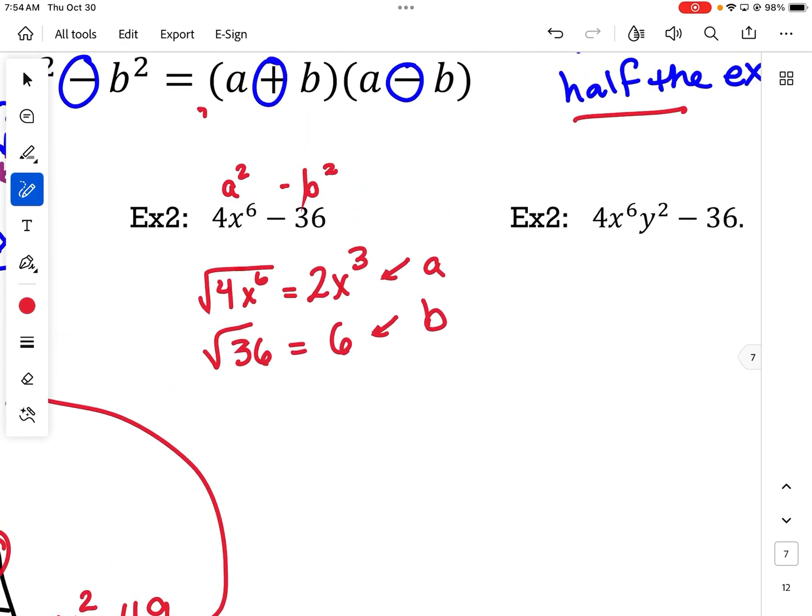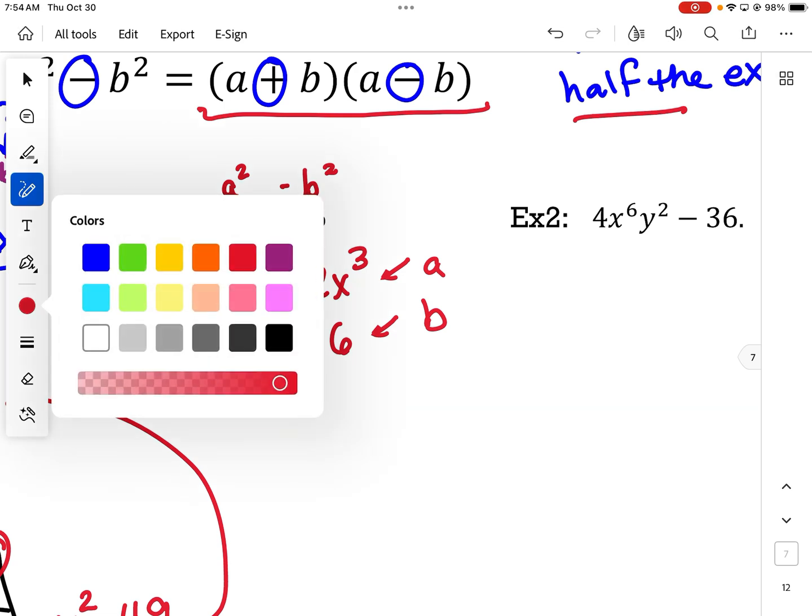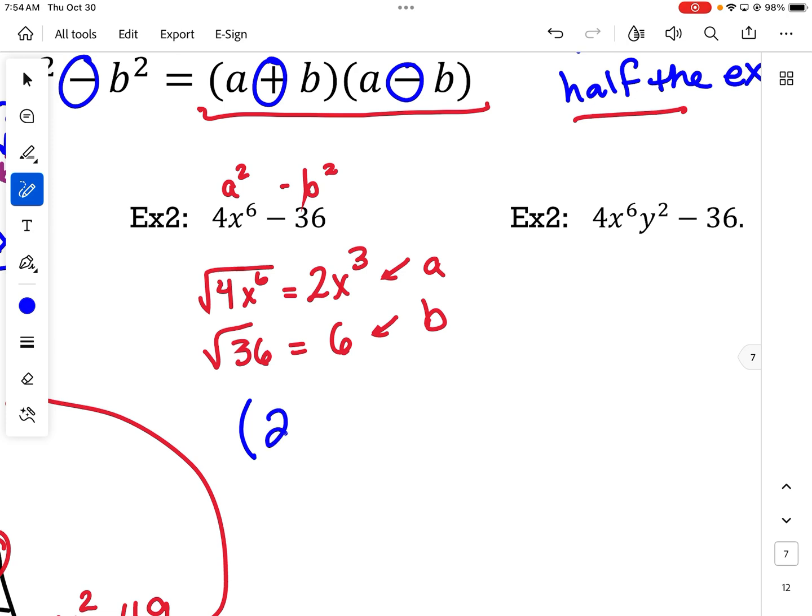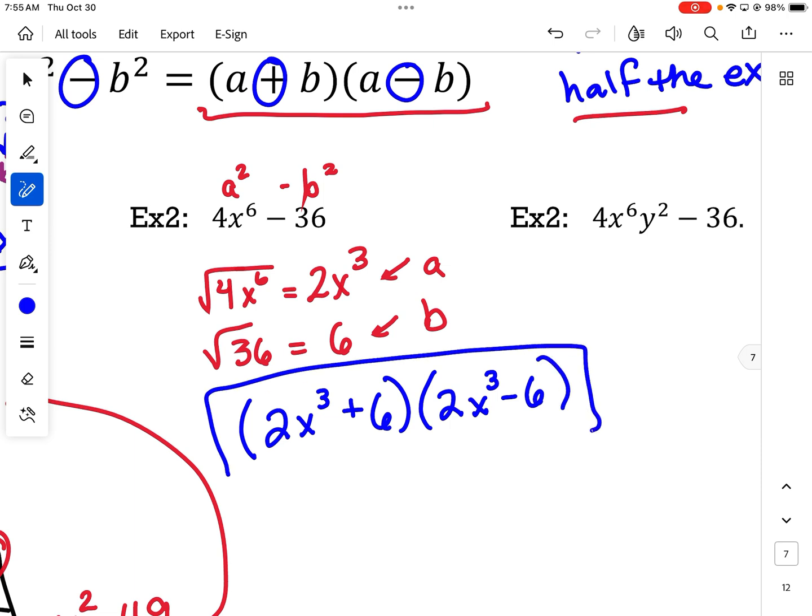So we just have to write it as A plus B times A minus B. So A, 2x to the 3rd, plus B, which is plus 6, and then A minus B, 2x to the 3rd, minus 6. So they're the exact same order, exact same terms. All that's different is the sign. One has plus, one has minus. If you reversed them, it'd be fine too, because it's the same thing.